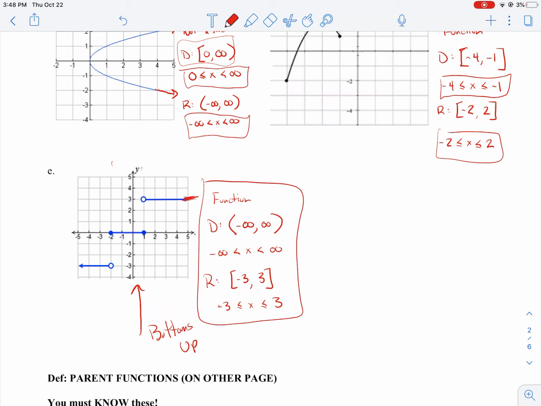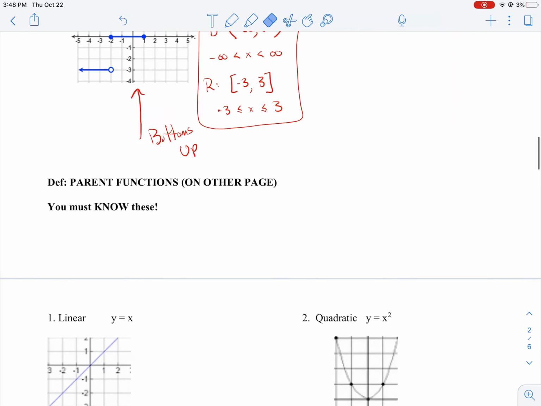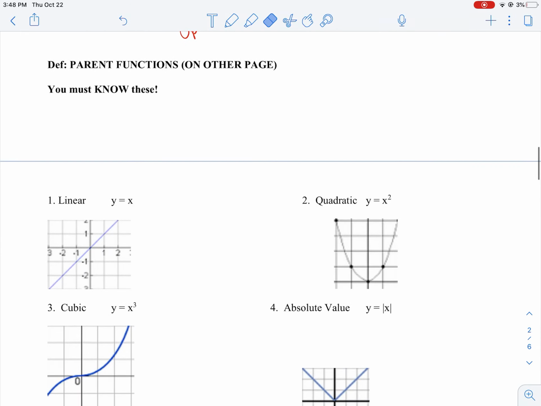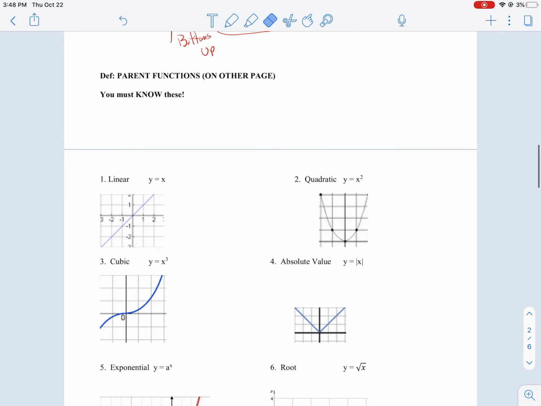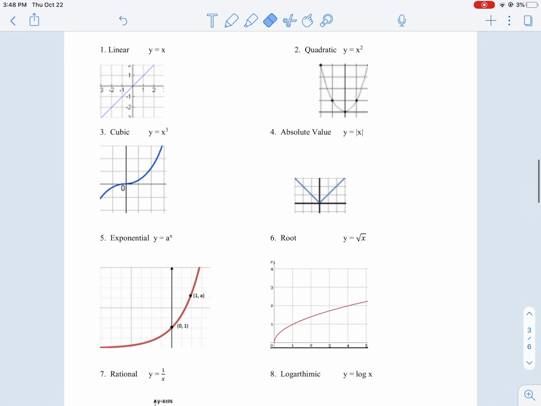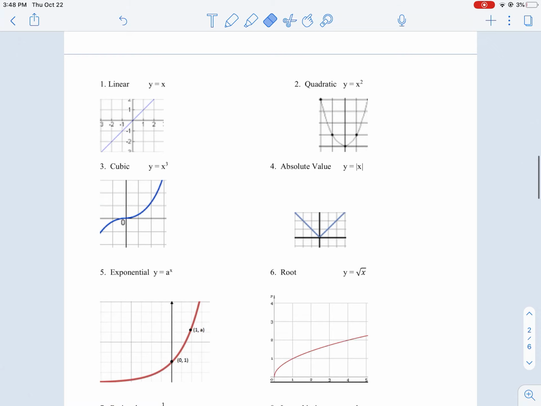And to wrap things up here, we're going to talk real briefly about the definition of parent functions. These you're going to have to memorize. What they mean by parent functions is the most basic equation or function of this type you can come up with.